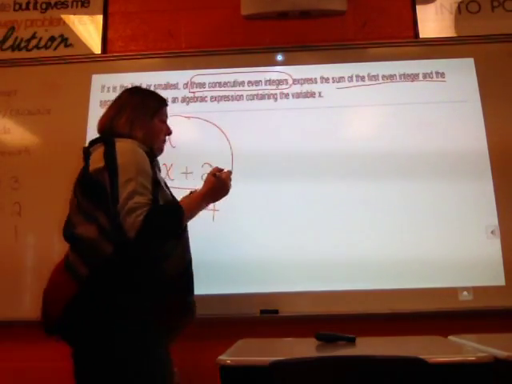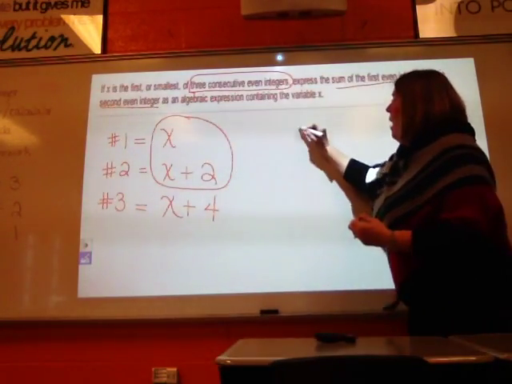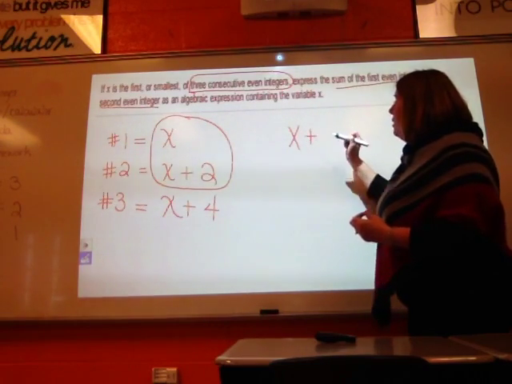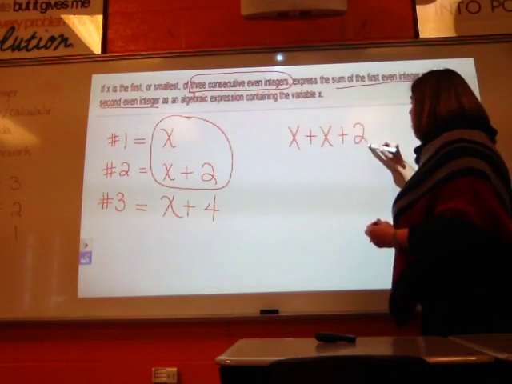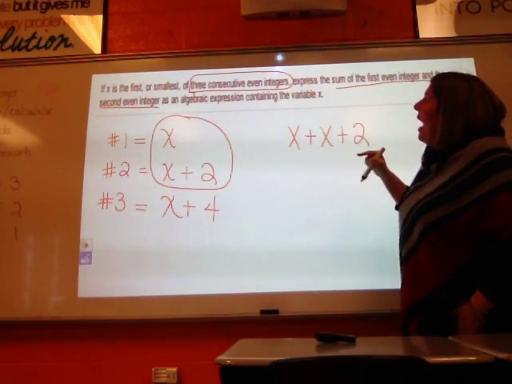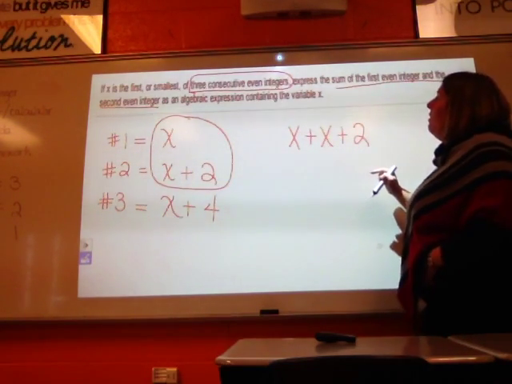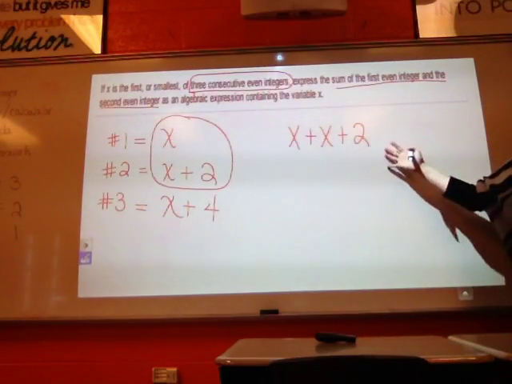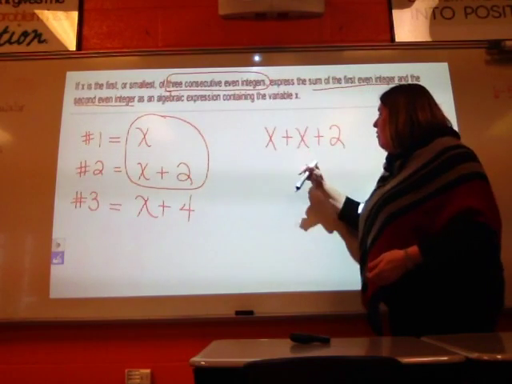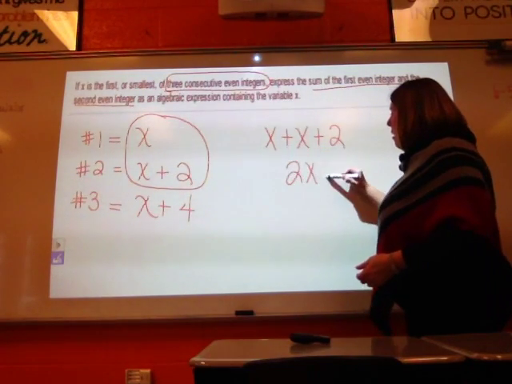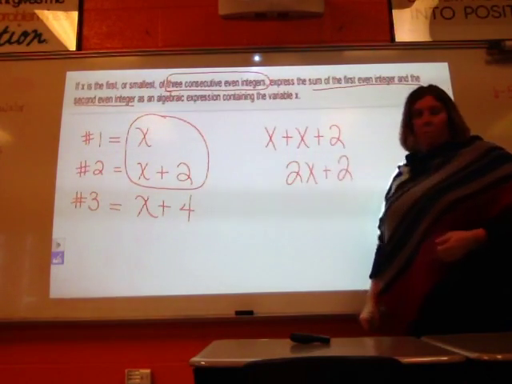So I'm going to take my first one, which is x, and add to it my second one, which is x plus 2. Now, it says, as an algebraic expression containing the variable x. Okay, so here's my algebraic expression. I should probably simplify. So x plus x is 2x plus 2.